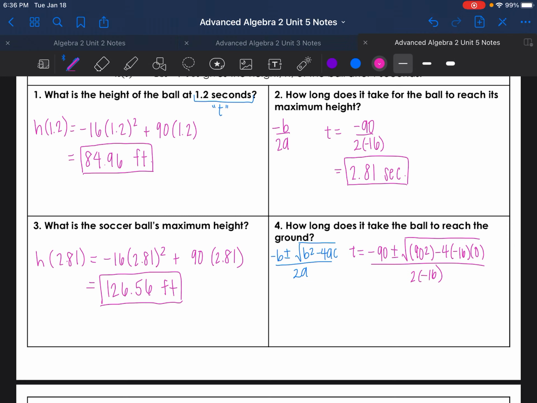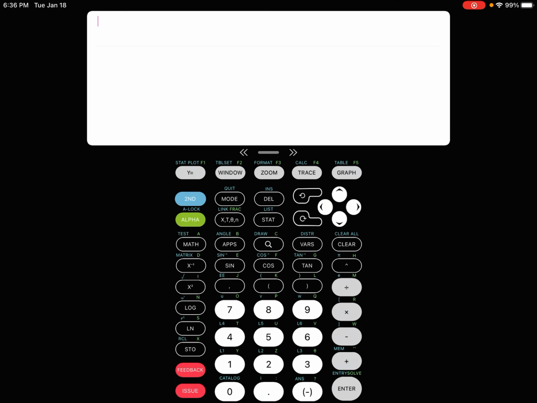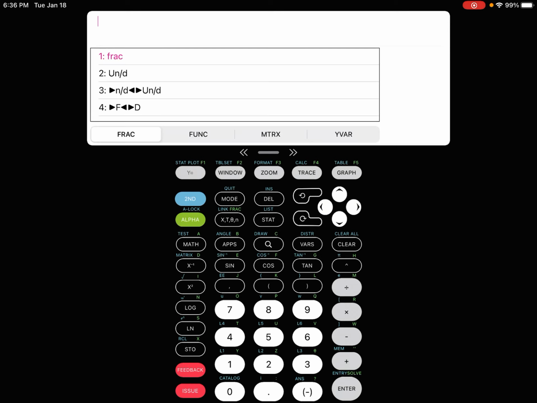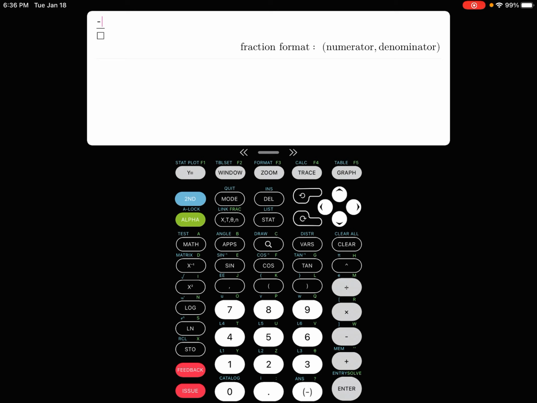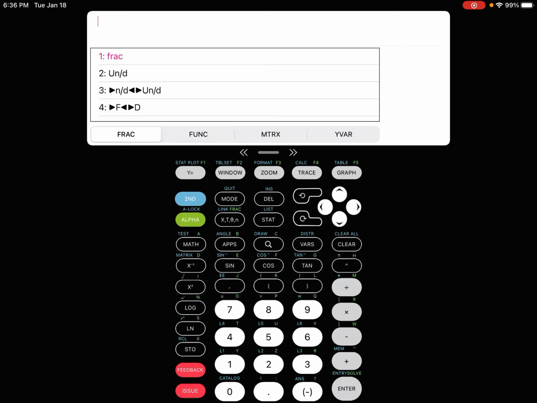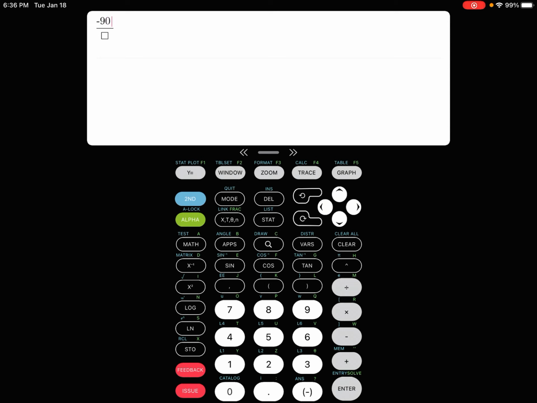And we're going to type this whole thing into the calculator, and I'm actually going to show it to you on the calculator app so you can see it being typed in. So alpha y equals, negative, start over, negative 90, we're going to do plus first, the square root of 90 squared minus 4 times negative 16 times 0, all over 2 times negative 16.